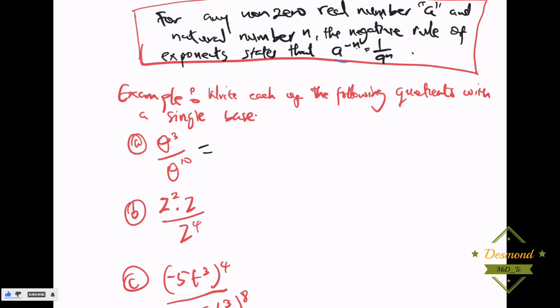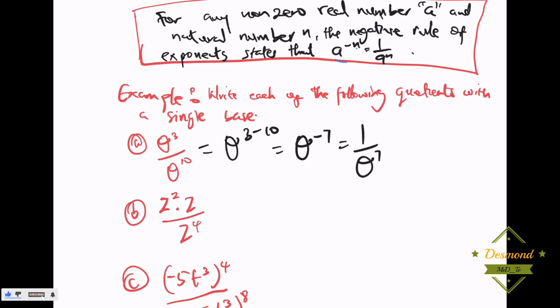Using the quotient rule with the same base, we have theta exponent 3 minus 10. Then when we subtract that, we should get theta exponent negative 7. When we do that, we should get 1 on theta exponent 7. That's the answer for the first one.